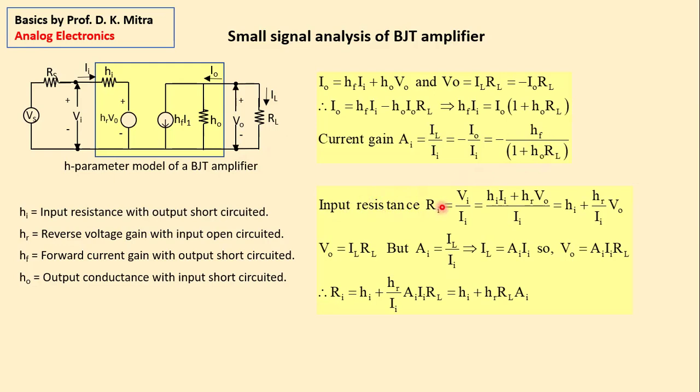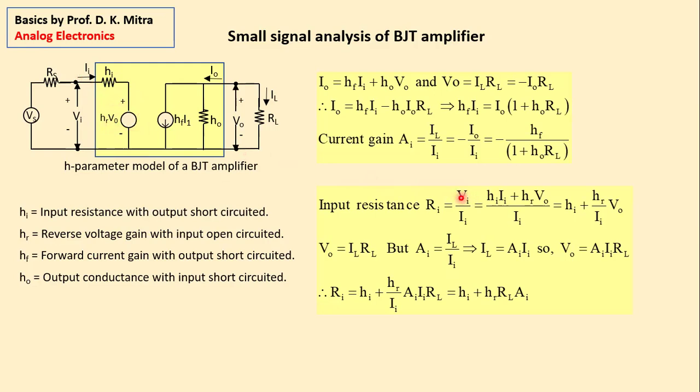Now, input resistance Ri. What is the input resistance Ri of this amplifier? It is the input voltage Vi divided by the current II. This is the input resistance of the whole amplifier. And what is Vi? Look, Vi is HI II, this potential drop, plus this potential HR VO.